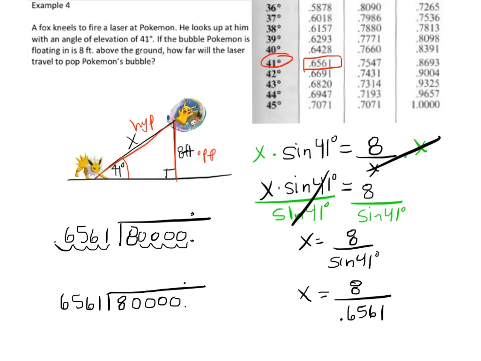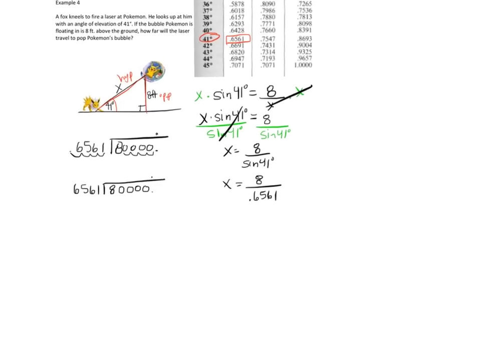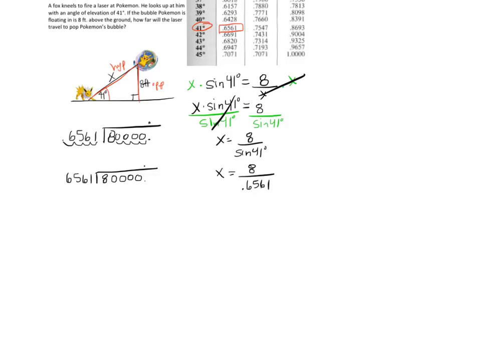Okay, let's do this math. Okay, so 6,561 fits into 8,000 one time. So 6,561, when I subtract that, I get 1,439, and I bring down my 0.